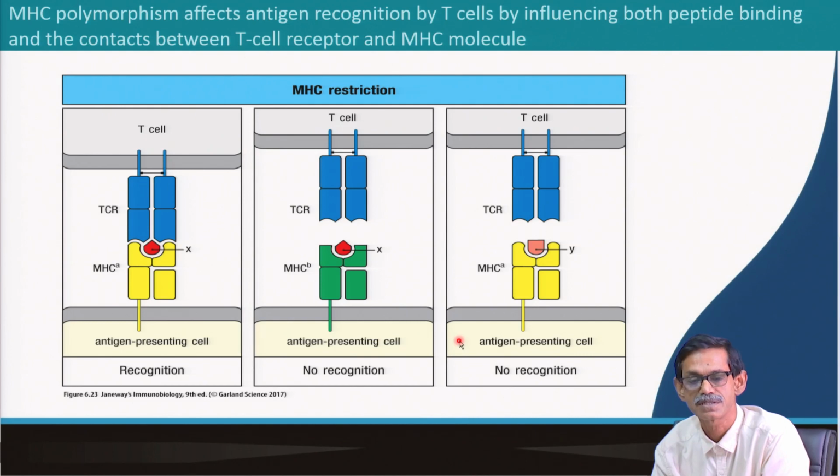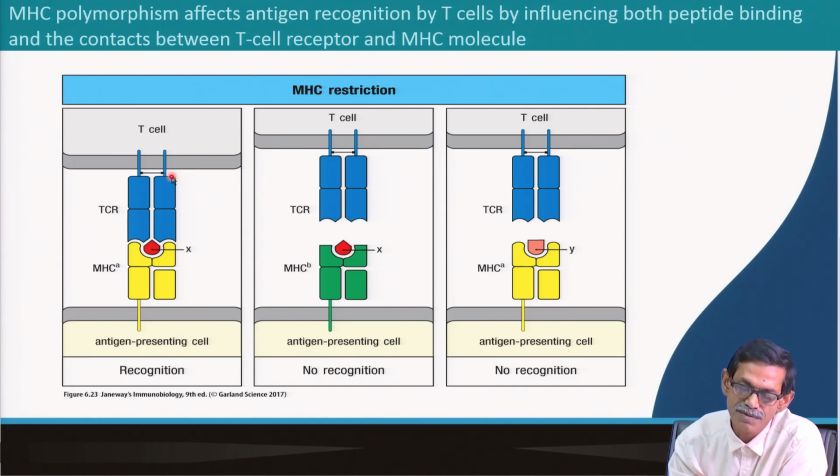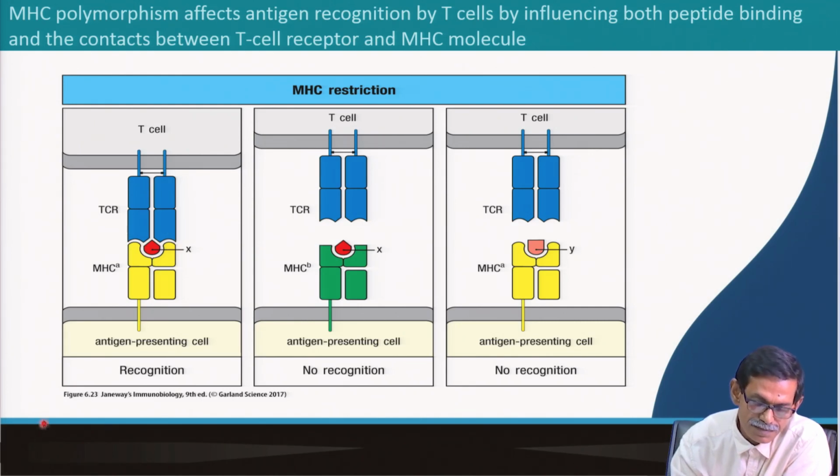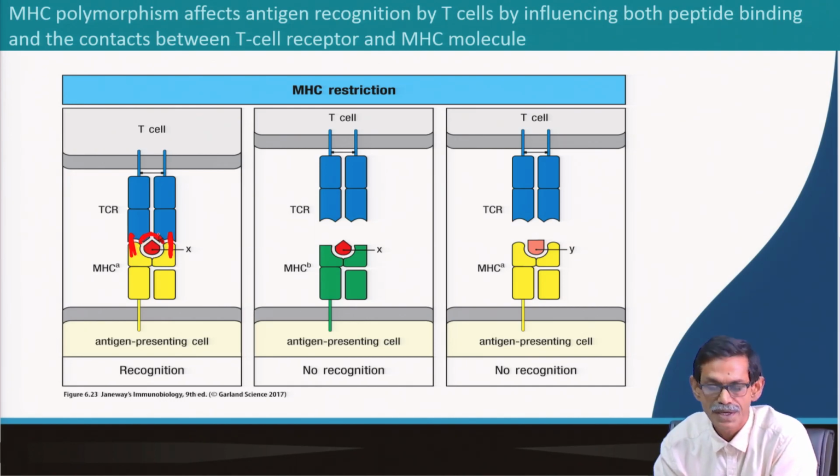What is MHC restriction? This is a nice picture. Say this is MHC 1, which is presenting an antigen named X. You know it is MHC 1 by this yellow line, the single transmembrane domain, and the T cell has the T cell receptor, which is interacting with this part, this part with this part, and the central part is interacting with the antigen.